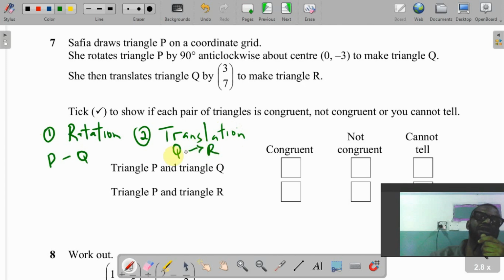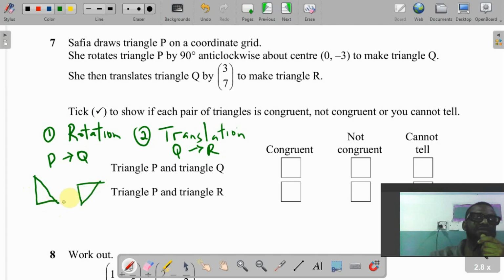Now listen, in both cases, the size of the shape will never change. For rotation, the shape can turn this way, but the size remains the same.